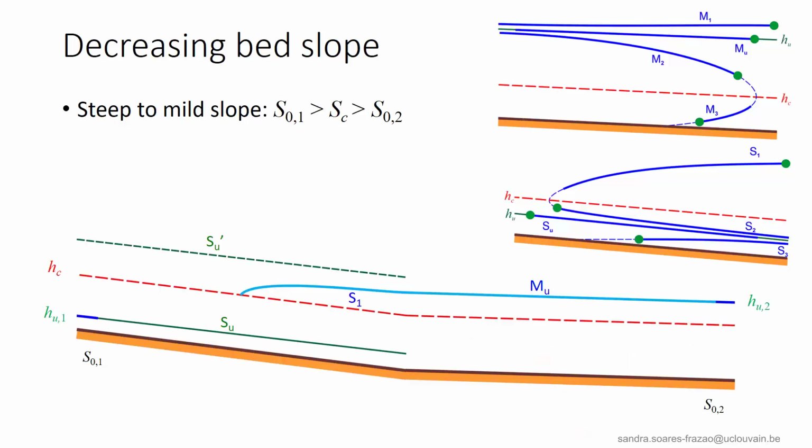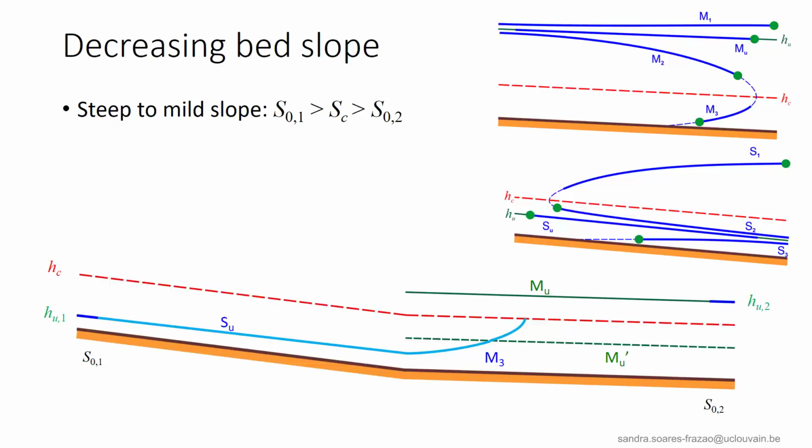Indeed, if we assume a hydraulic jump in the upstream reach, we should calculate this S1 profile. However, we see that this S1 profile does not cross the SU' curve, as it starts from a depth HU2 that is below SU' at the location of the change in bed slope. So this solution is impossible, and the hydraulic jump will occur in the downstream reach.